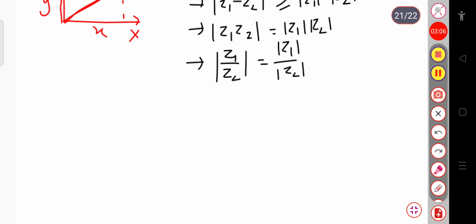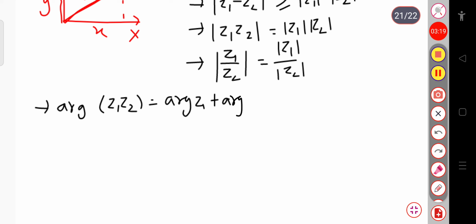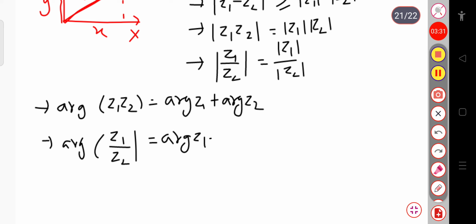Similarly, some more properties: the argument of z1 into z2 is equal to argument of z1 plus argument of z2, and argument of z1 divided by z2 is equal to argument of z1 minus argument of z2.